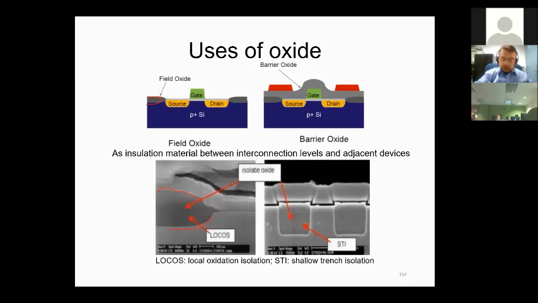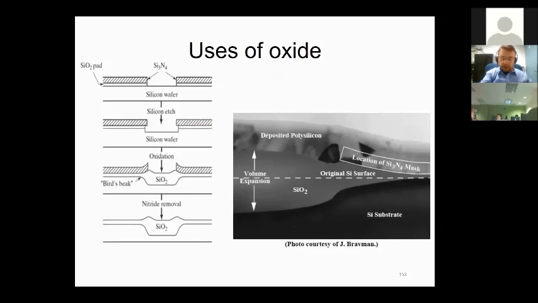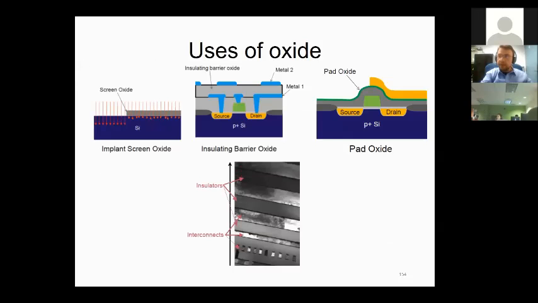Again, in the older days we were using the local oxidations, LOCOS, and now people are switching to, or already switched to, shallow trench isolation because it's planar. But the main idea is very similar in terms of isolation. And again, this is just showing you how you can grow these isolation sites, but I'm not going to emphasize that.